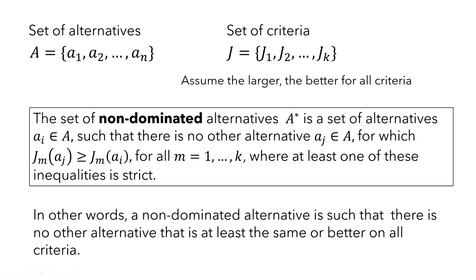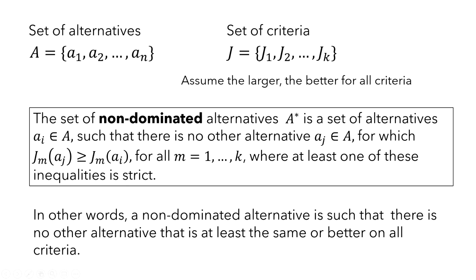The set of non-dominated alternatives, the alternatives that I'm interested in, contains alternatives A sub I from A, such that for each such alternative, there is no other alternative from that set A, for which all the criteria are better than the criteria on my original alternative A sub I. So I can't find such an alternative in my set A that is better on all the criteria.